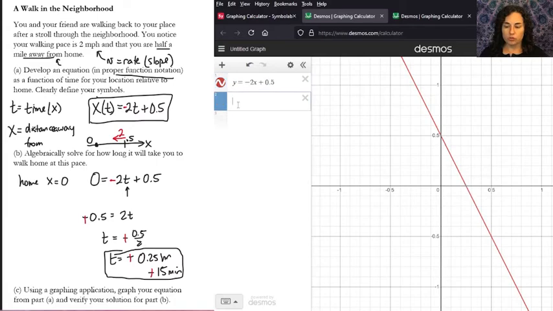I have had students who like to label it over here, like they'll just label 0.25 comma 0 and click a label here. To me, that's not letting the application do what it does. And by that I mean, let me get rid of this, when I click this line and I click here, I can see clearly that intersection.